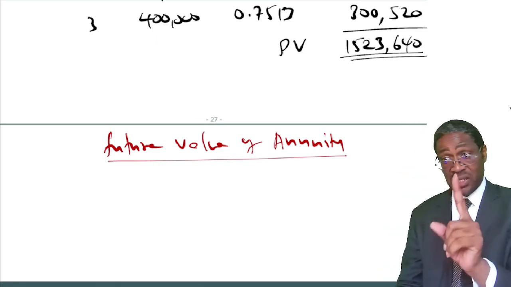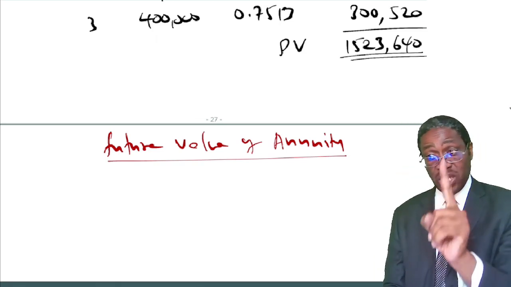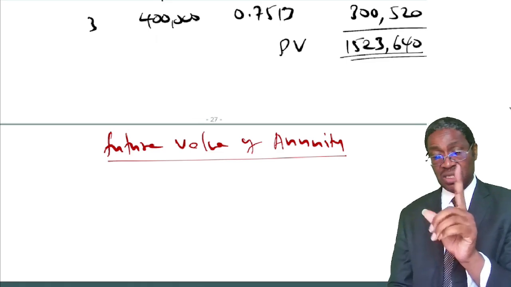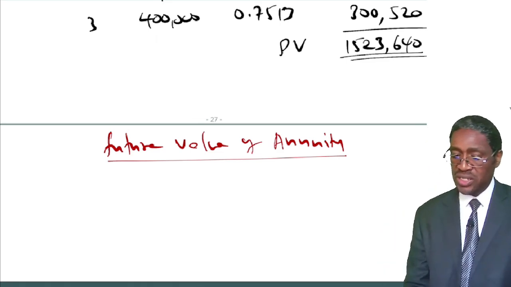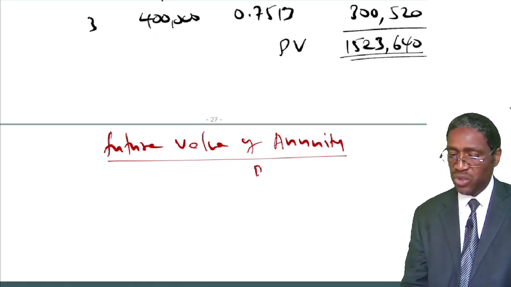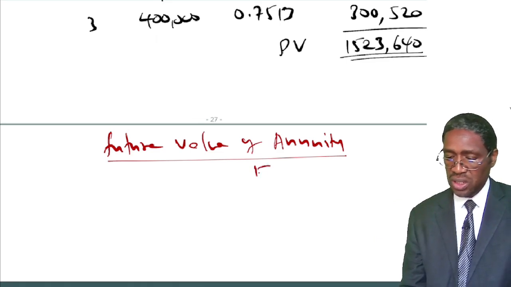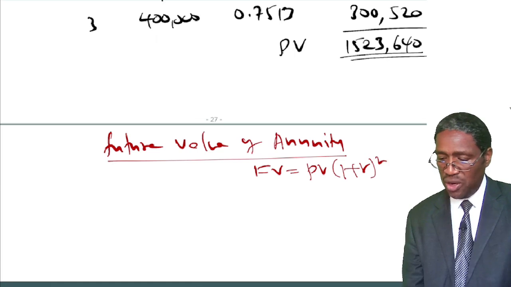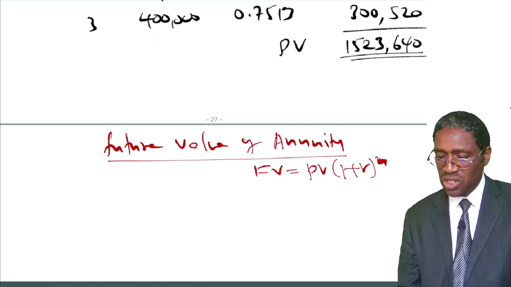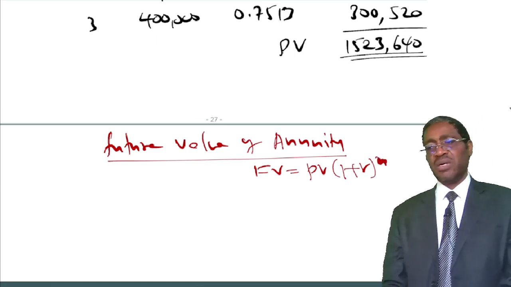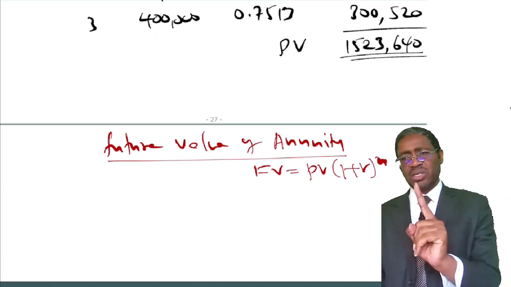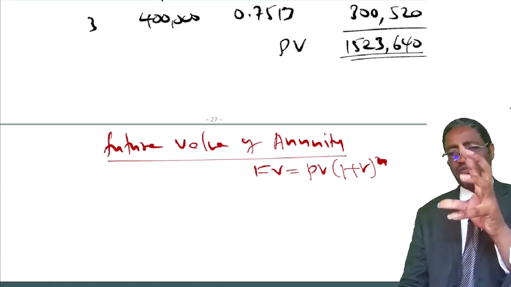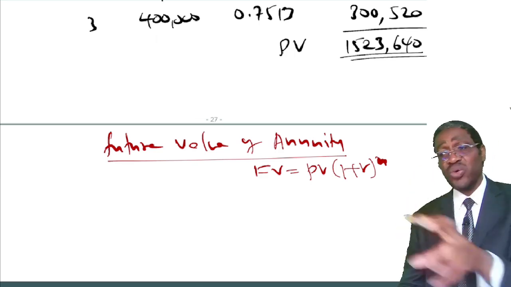We have discussed how to get the future value of a lump sum. I've just reminded you, the formula there was future value equals present value times 1 plus r to the power of n. But now we want to talk about what is the future value of some annuities.